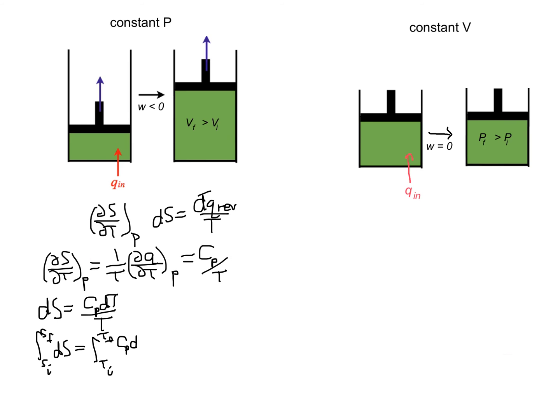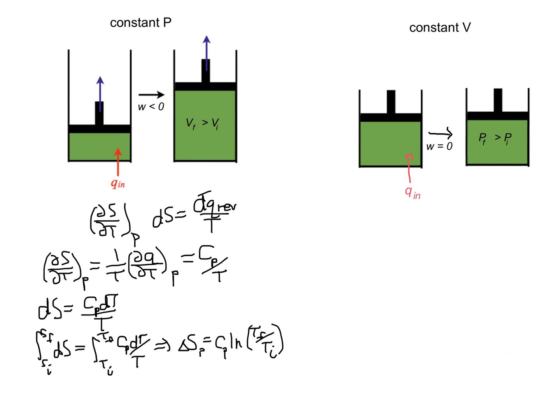When I do that integral, I get that delta S for the constant pressure case is equal to C_P natural log of T final divided by T initial. In this case, I've assumed that the heat capacity does not depend on the temperature because I've removed it from the integral as a constant.